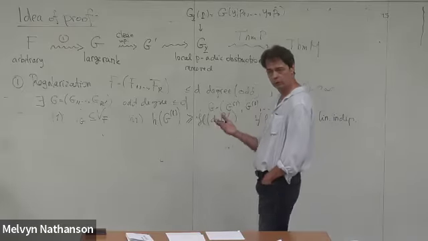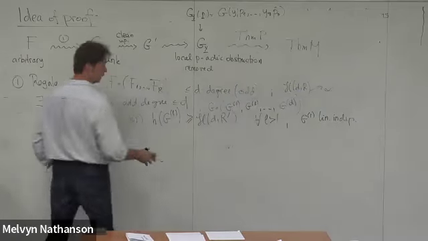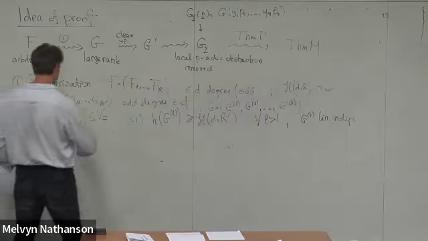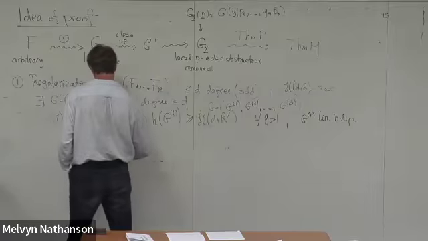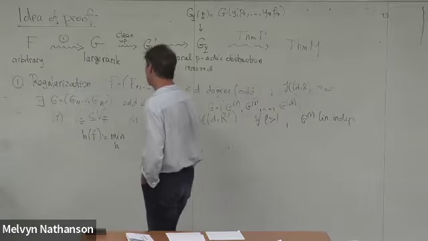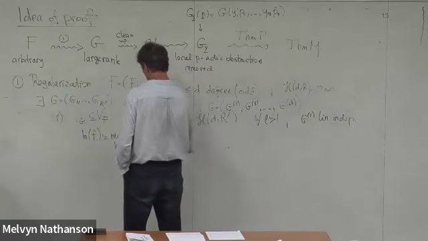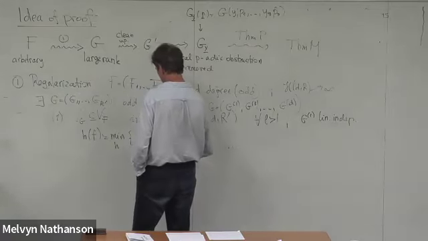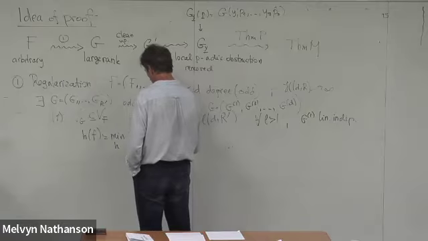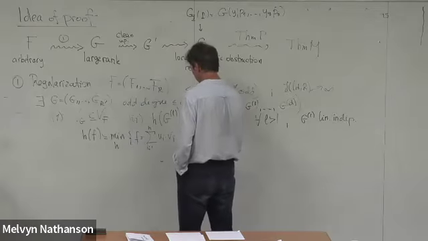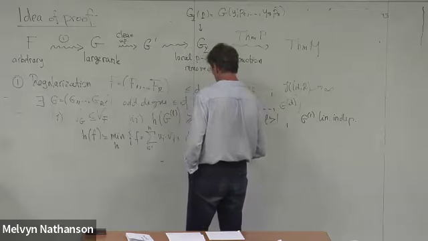And what is the Schmidt rank of a single form? I guess many of you are familiar with that, but the Schmidt rank of F is the minimum of positive integers H such that you can write F as a sum of U_i times V_i, a sum of products of forms, i equal 1 to H, where these are non-trivial, so the degree of U_i and the degree of V_i is at least 1.